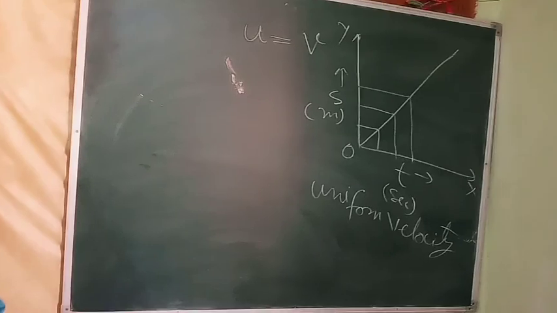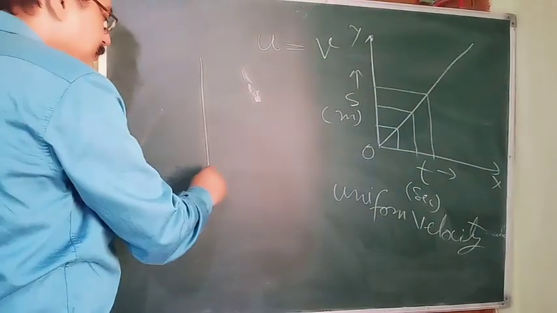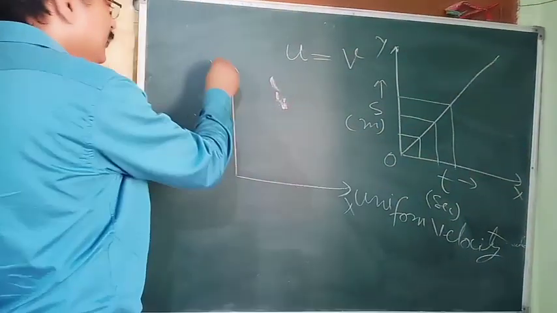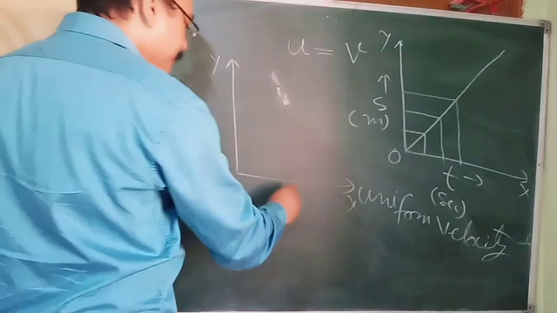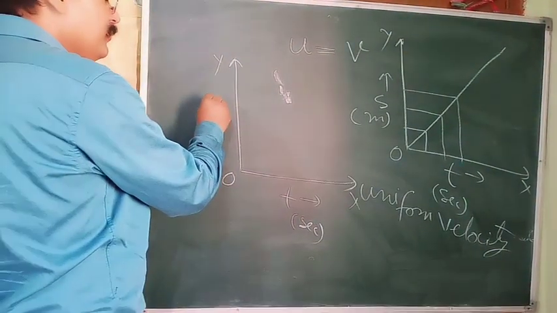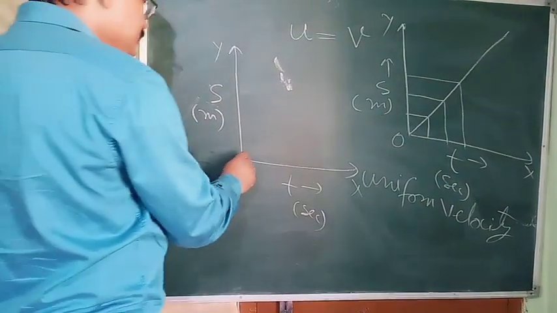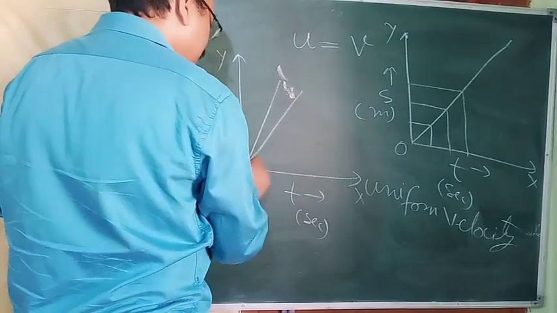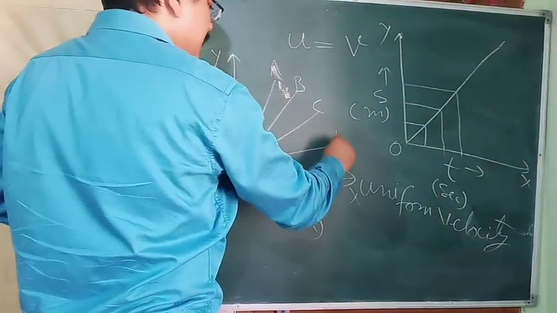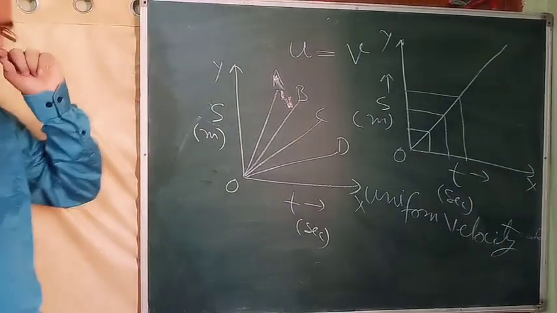Suppose questions are asked on this graphical part. Suppose this is given like this: this is x, this is y, here is the origin. Here time is given in seconds, and here displacement is given in meter, and you have been asked that there are four bodies A, B, C and D, and they are all moving with uniform velocity.